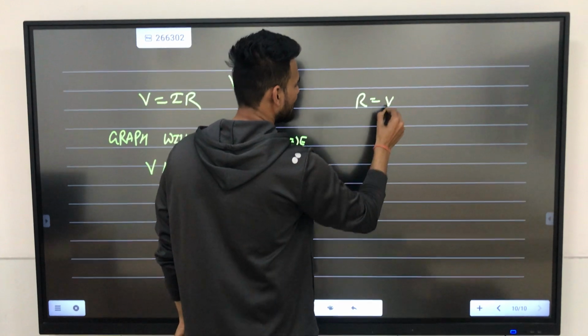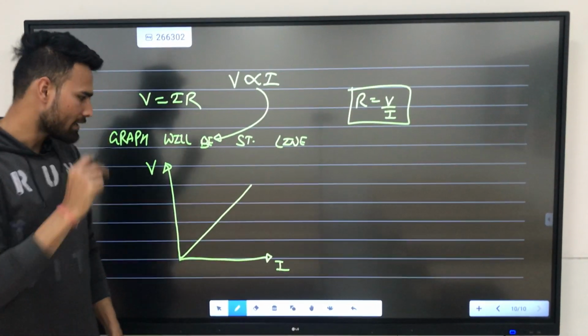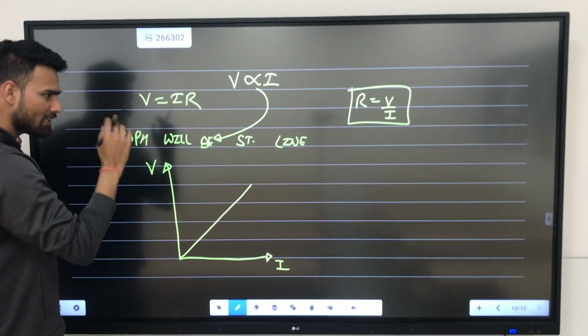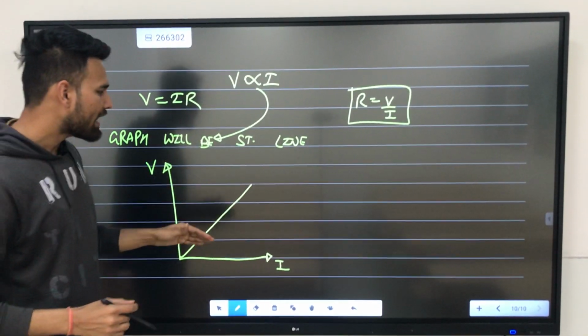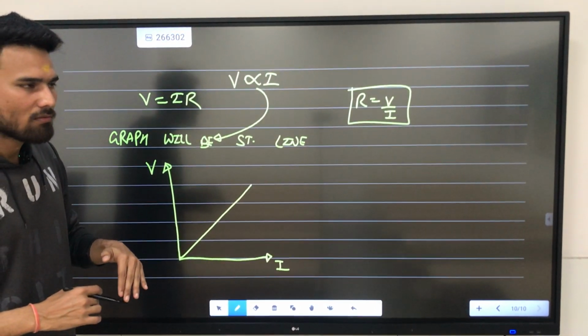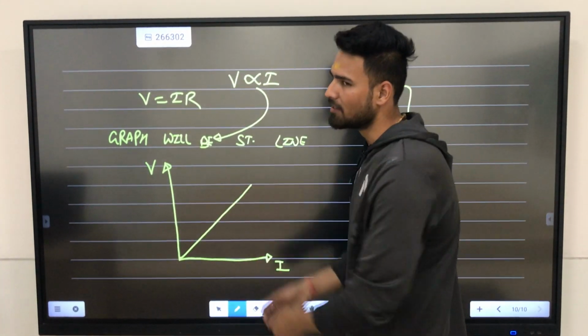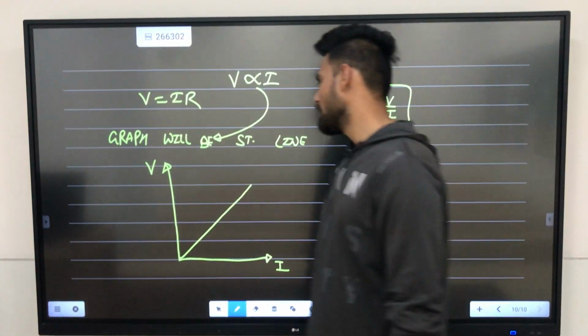Now, if I am talking about resistance, the resistance can be defined as V by I. If the resistance is defined as V by I, we can find out the relation between the resistances of different graphs. How is it so? Let us find out.